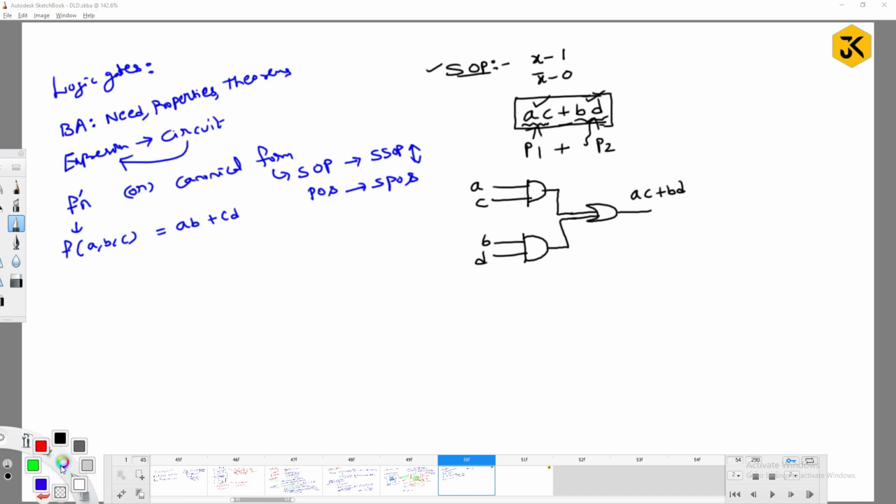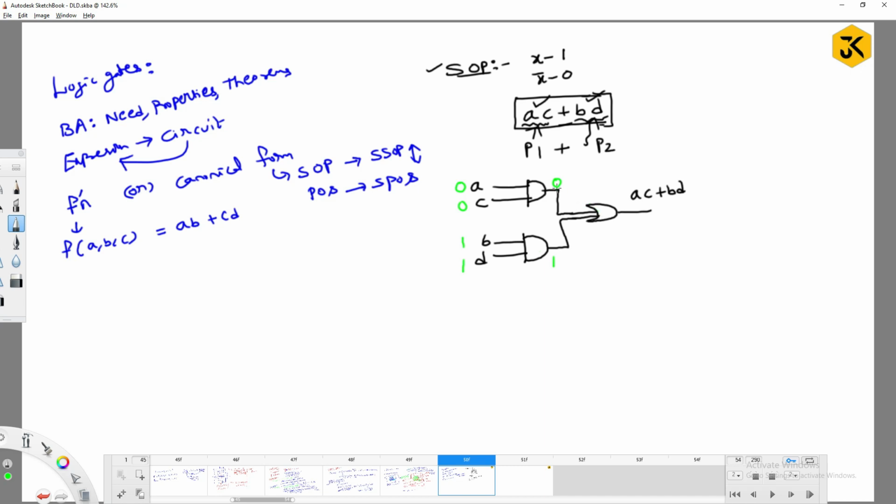Now to check whether it is correct or not, if you give certain inputs like 0, 0, 1, 1, what output do you get? 0 and 0 is 0. As this input is 1, 1 and 1 is 1 in the AND gate.